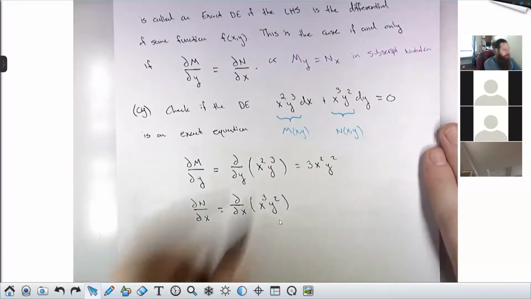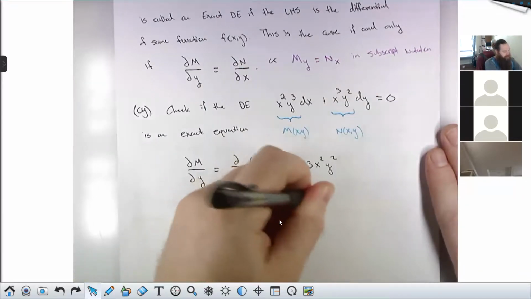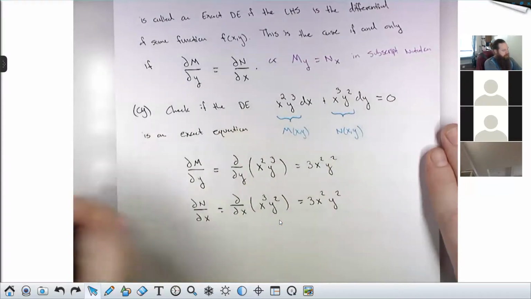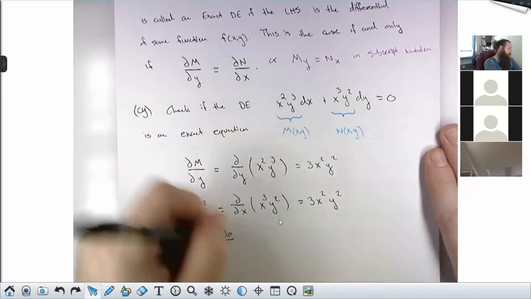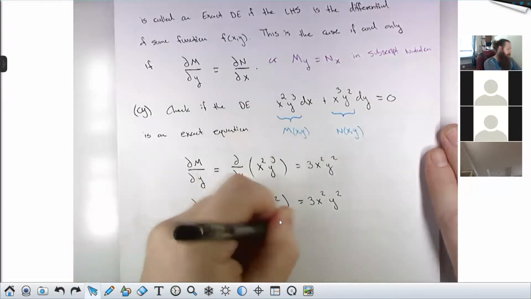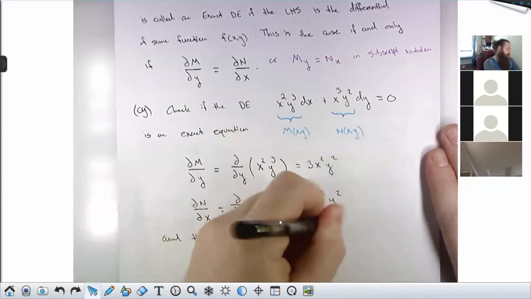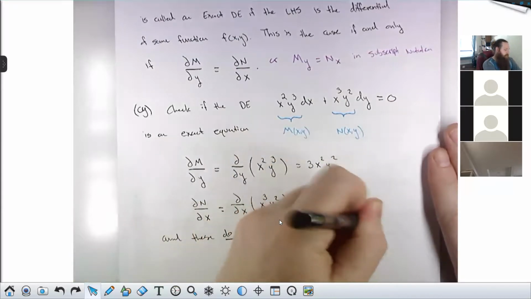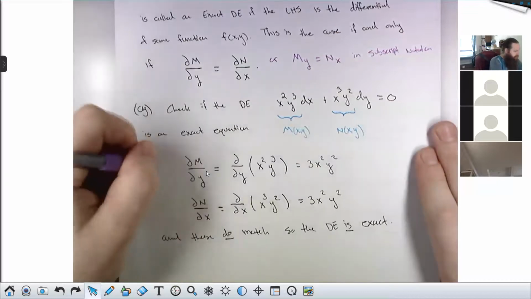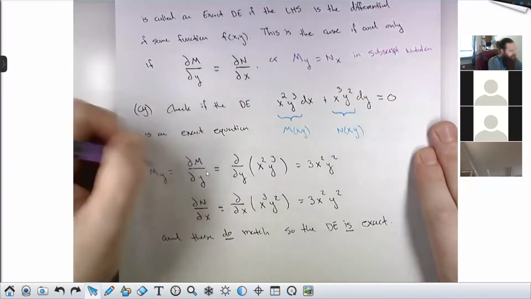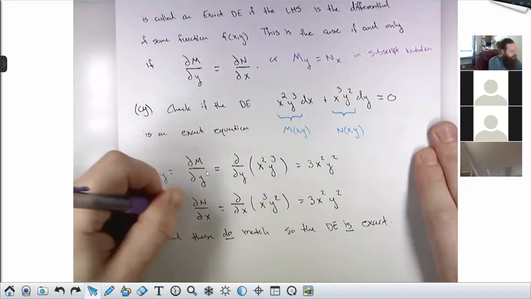We get 3x squared y squared, which is the same thing. So since these do match, the differential equation is what we would call an exact equation. In the future, I'll use the subscript notation here because I'm lazy: y and x.